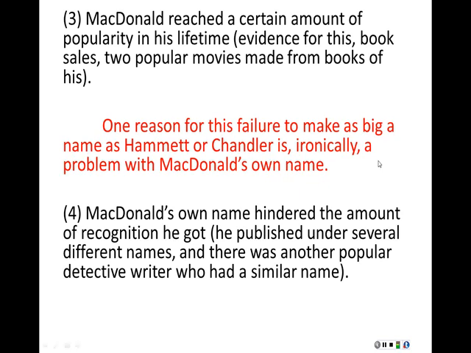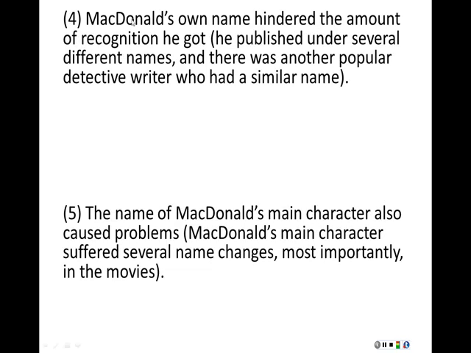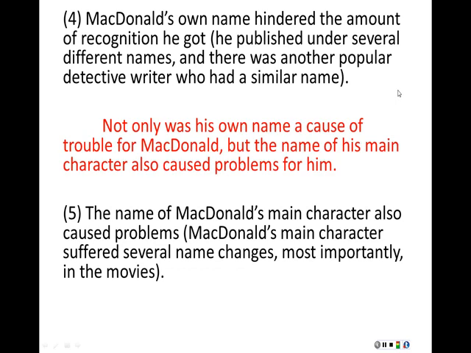Now, my second item on the list. So here's the first reason for failure. Second reason for failure. How can I avoid just saying another reason why he failed? How can I say something more interesting than that? I say, not only was his own name a cause of trouble for MacDonald, but the name of his main character also caused problems for him.